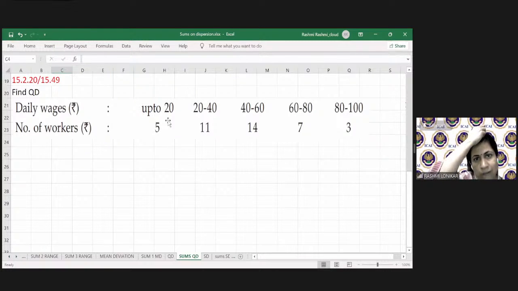Okay, so if you remember how we find the quartiles. For a given frequency distribution, what do I have to do? I have to first check whether or not the given distribution is continuous.